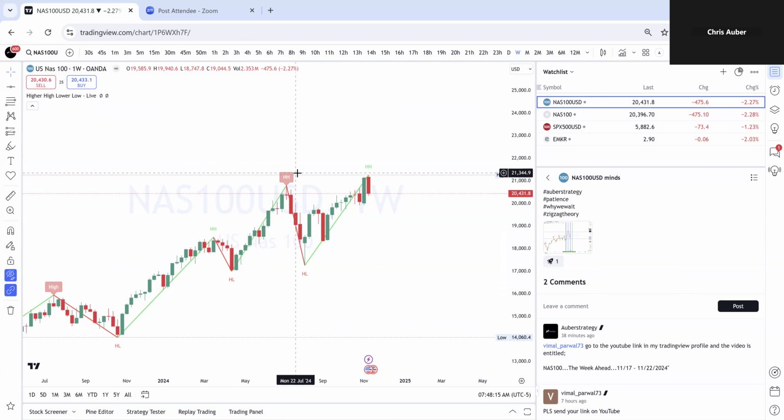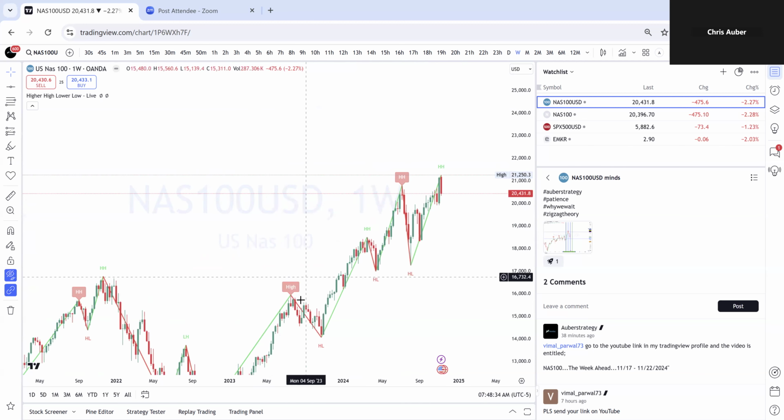Understand this concept, guys. The market makes higher lows, higher highs. So it does not mean that the market is going to come down and break a previous higher low. No. Okay? It's making higher lows, higher highs. So each time the low comes down to be formed, it's going to form higher. And if you look at it, each time the high is formed, it's formed higher. You may have consolidation periods and everything, but eventually it goes back to make that higher high.